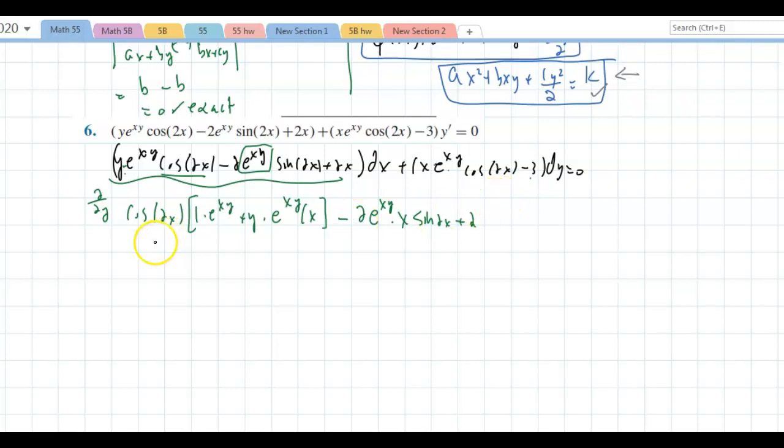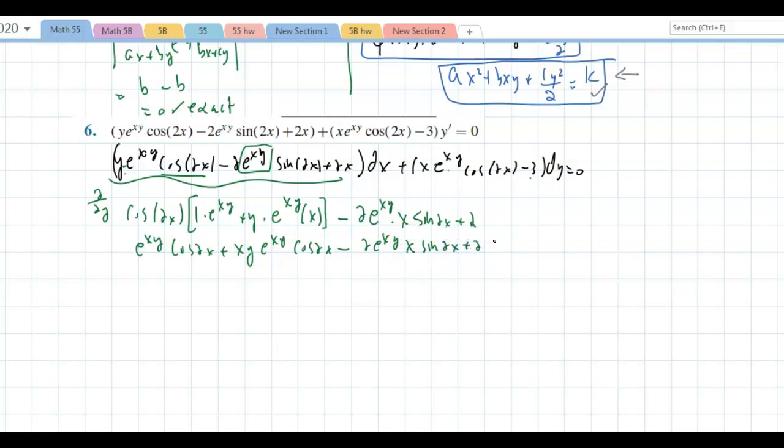So I'm getting e to the xy times the cosine of 2x plus xy e to the xy times the cosine of 2x minus 2e to the xy times x, the sine of 2x.